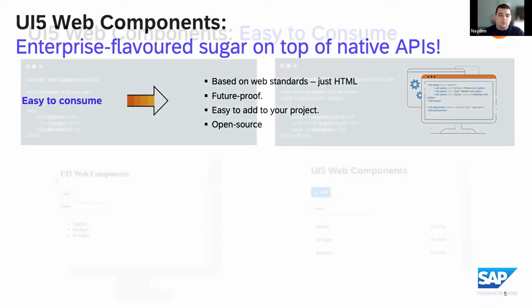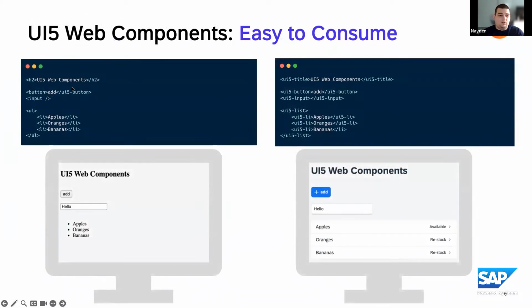As I said, they're easy to consume, and we can see now a little example of how to use them and what we get from them. On the left side, we have native HTML elements for displaying a simple button with an input field and some list items.